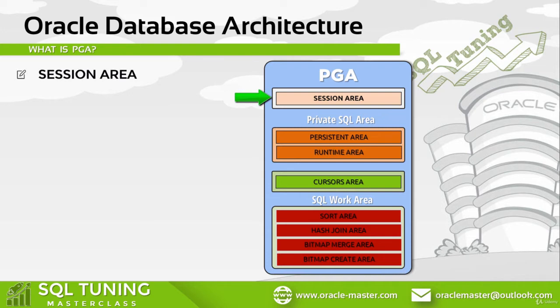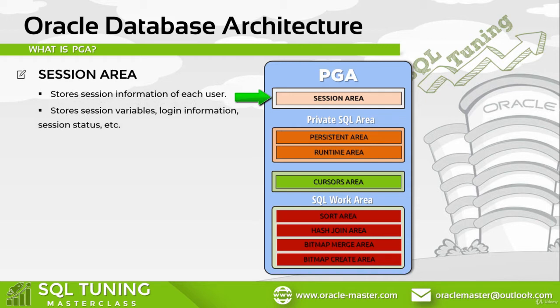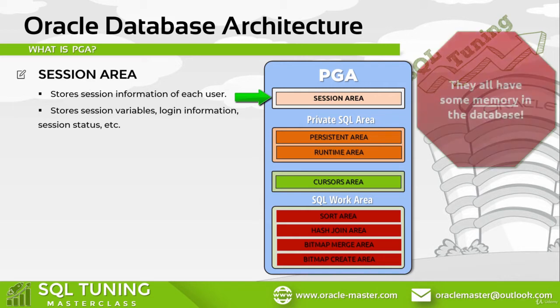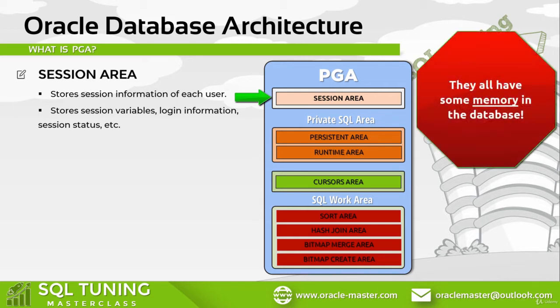Alright, the first one is the session memory area. When a user connects to the database, it creates a session for that user. This session information is stored in this area. No need to go deeper, but basically this area stores the session's variables, login information, session status, etc. So if you open unnecessary connections, you should know that they all take some memory in the database.